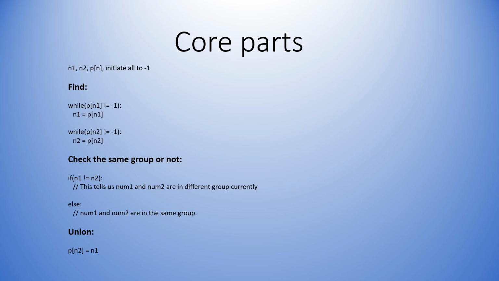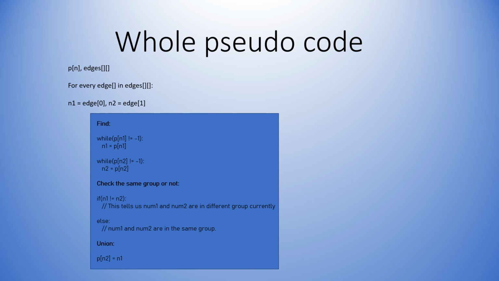The process is simple. Find the root nodes of the 2 nodes and then union them together. By using a loop outside find and union, we can perform union find on all edges. If you are new to union find, I strongly recommend you to implement this with your preferred language.